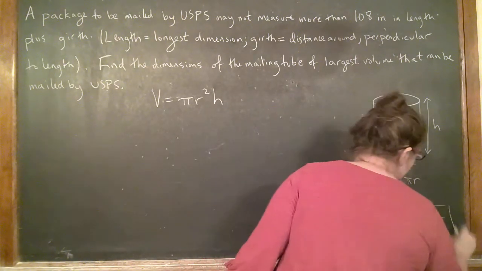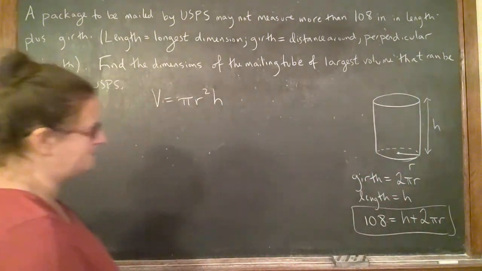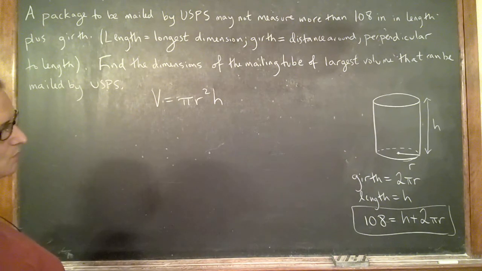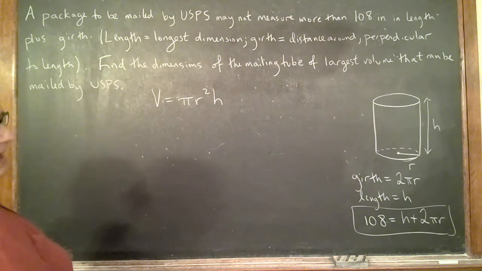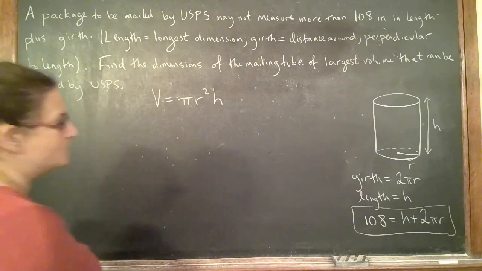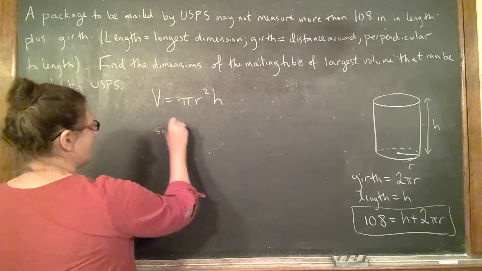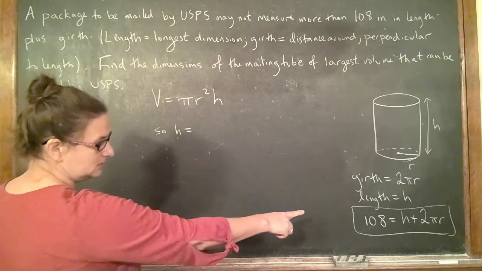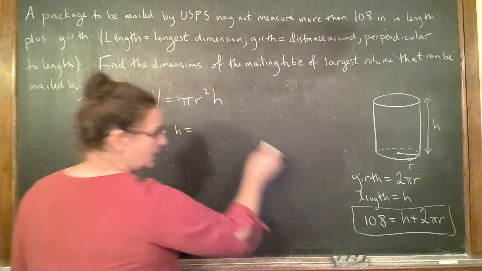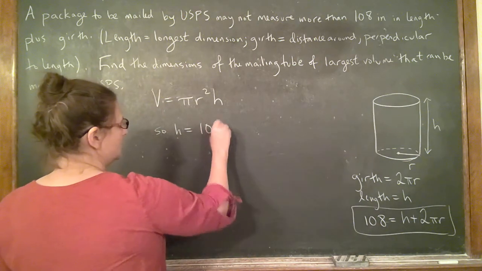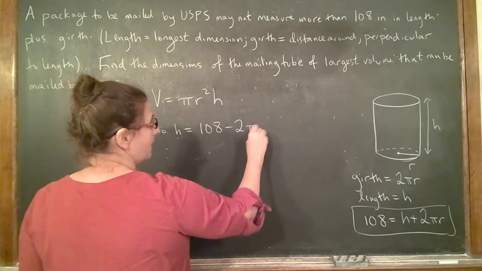I can eliminate whichever variable I want. I'm going to solve for h, because then I don't have to deal with the r squared. From this constraint, I get h is 108 minus 2 pi r.